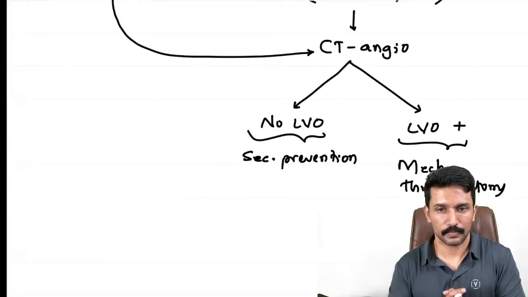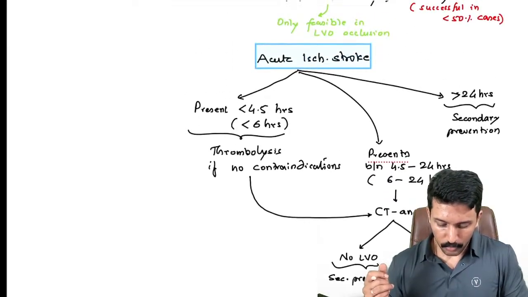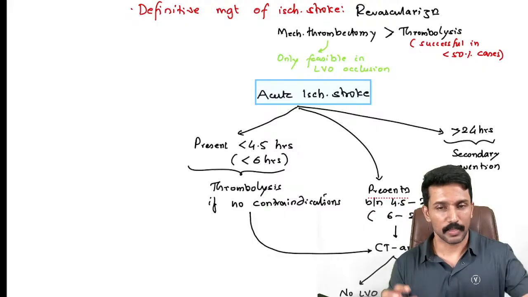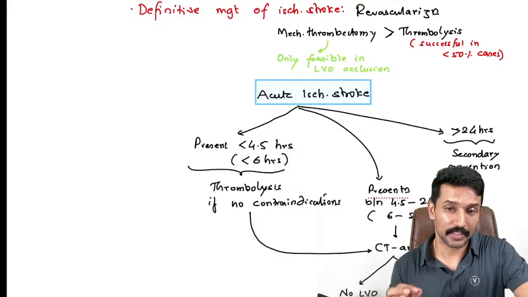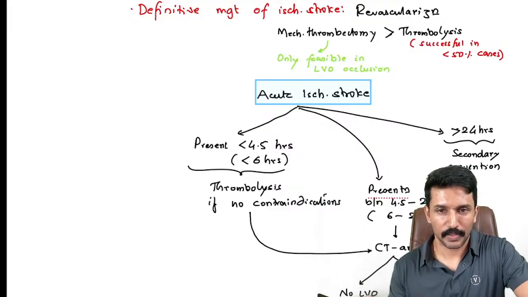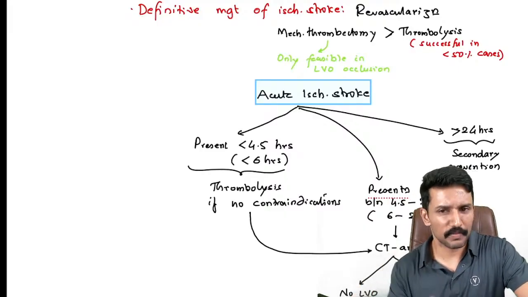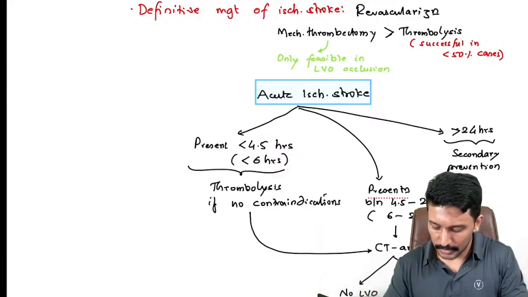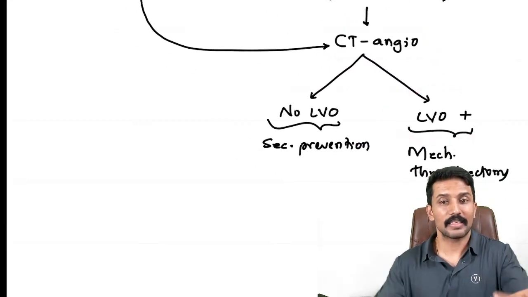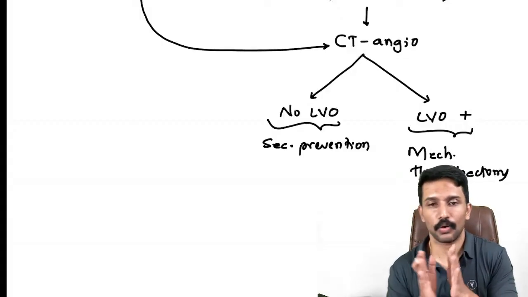Clear? Okay. So that's about the management of ischemic stroke. In some of your exams, there may be questions related to the NIHSS score, National Institute of Health Stroke Severity Scale, and the ASPECTS score. Those are not required for an undergraduate student, because even in these patients, if there is a large vessel occlusion, we can still decide whether thrombectomy is going to give any value to the patient or not.